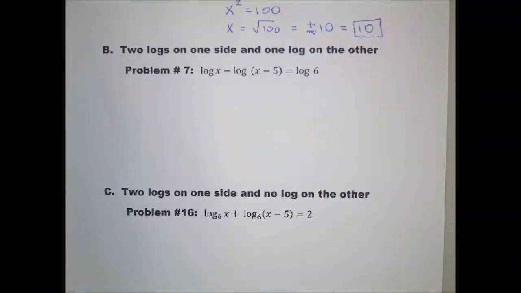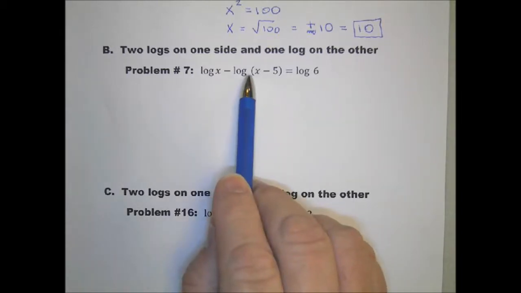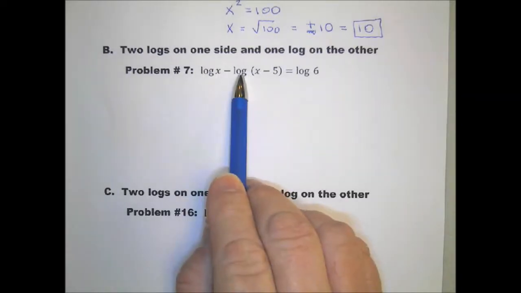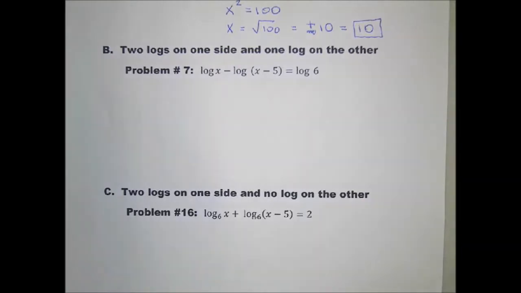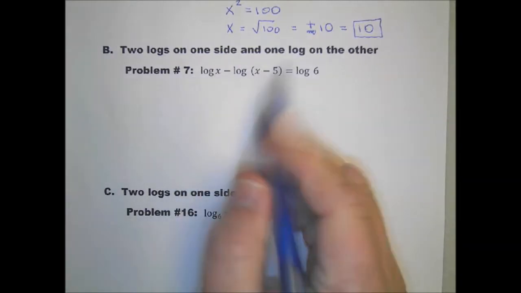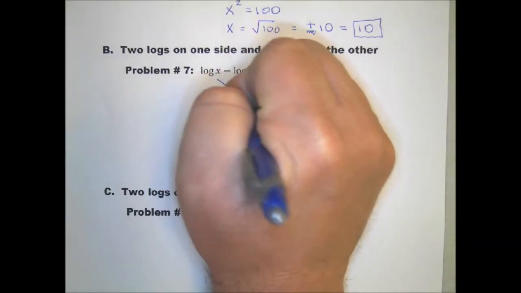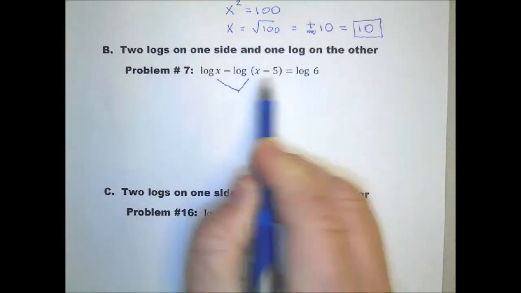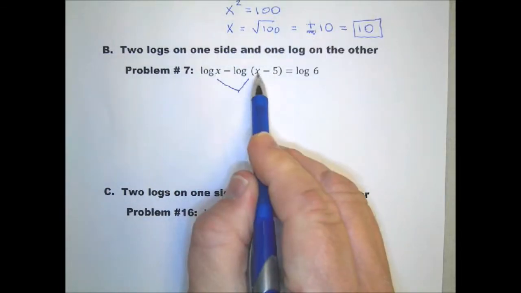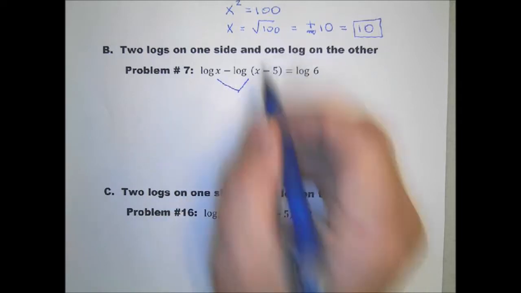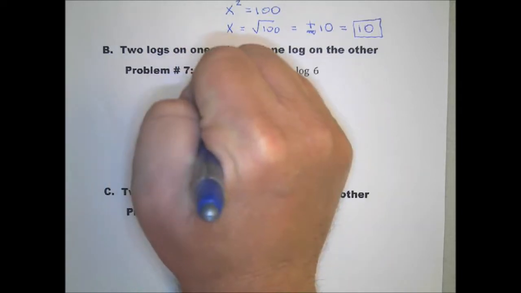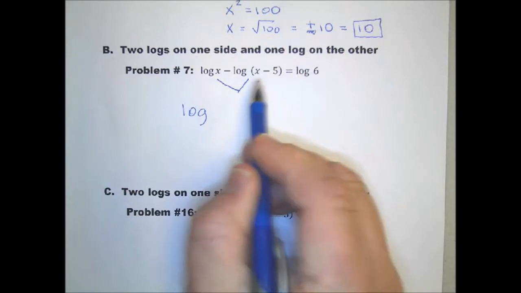A second type of problem you're going to see in Objective 6 is, what if the left-hand side has 2 logs and the right-hand side has 1? Well, we're going to have to condense the left-hand side first before we do anything else. Now, since this left-hand side is 2 logs being subtracted, then we're going to condense it to be 1 log using division.